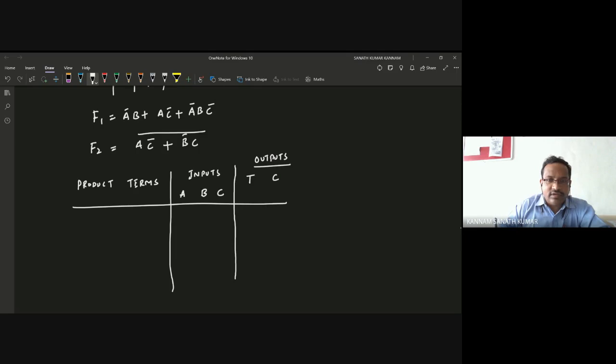So these are the functions, that is function for true form and function for complemented form. So let us take the first term. What is the first term? The term is a bar b. Okay, a bar b. So this is the first term.